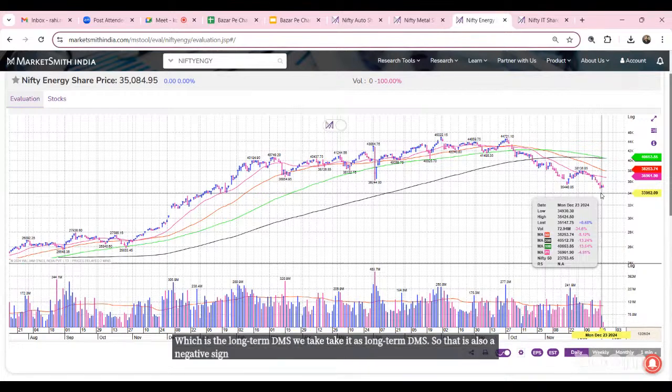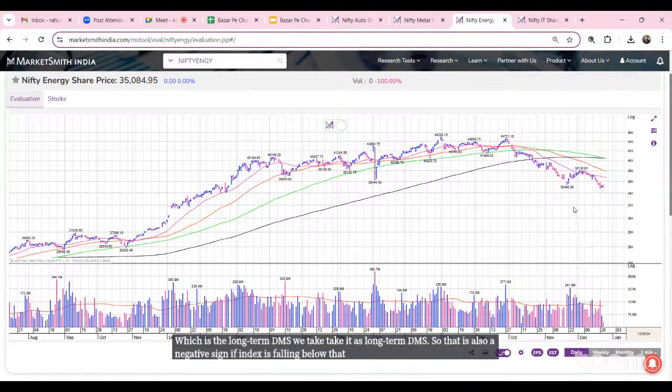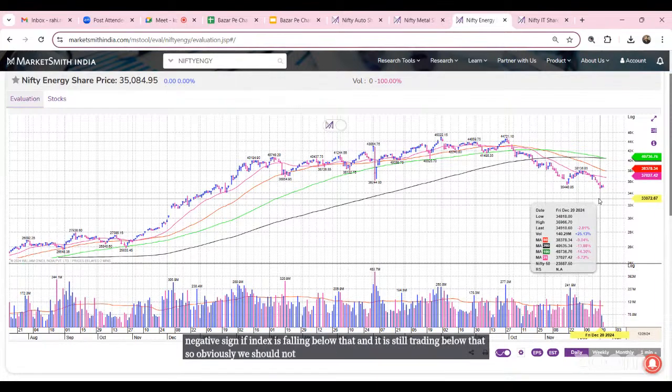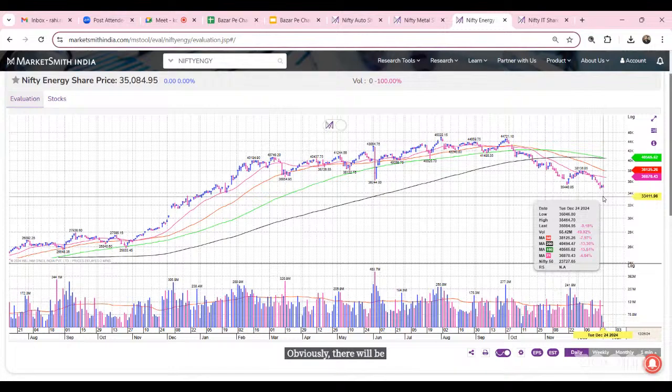If the index has fallen below that and is still trading below that, obviously we should not try to pick up stocks from that particular index. Obviously there will be some outliers, but as of now we can avoid it.